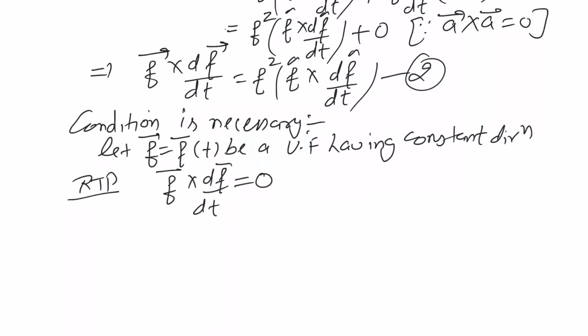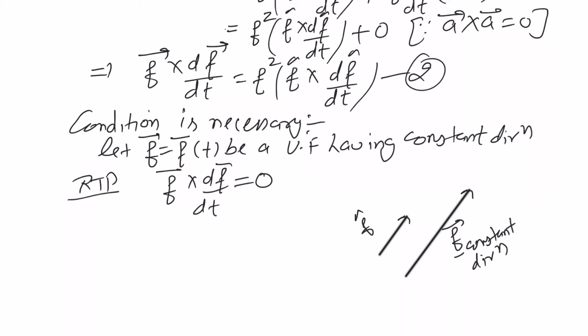Now f is having constant direction, so you see the case, I am again drawing, this is the vector, and this is the unit vector. So this is a vector f, and it is having constant direction. This is a unit vector, its magnitude is constant already, and it is in the same direction as that of f, so its direction has also become constant.